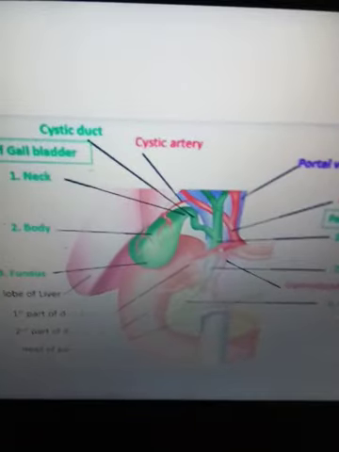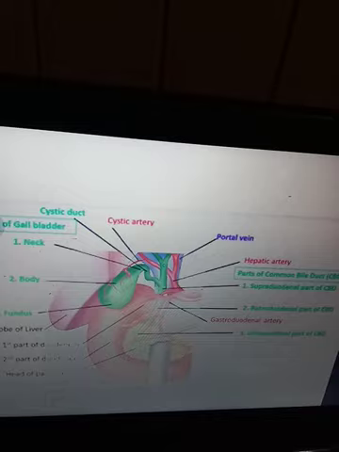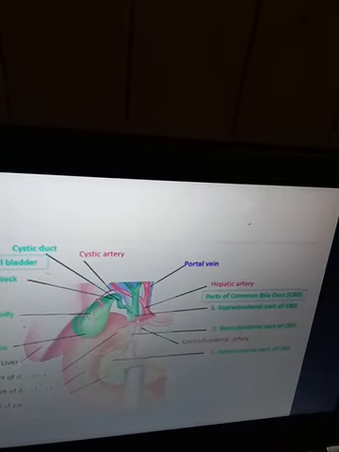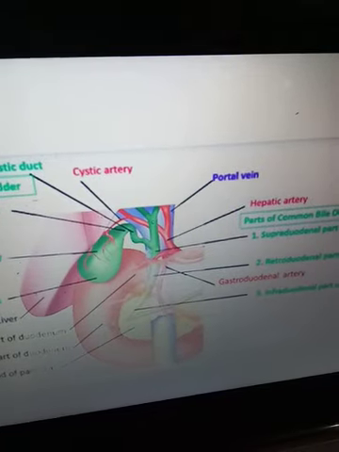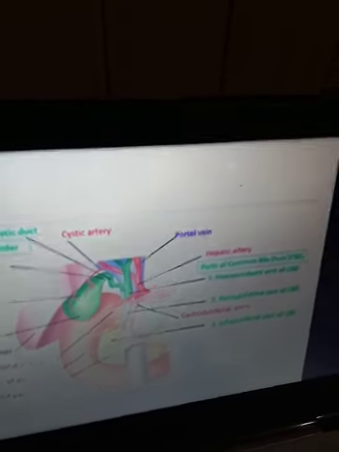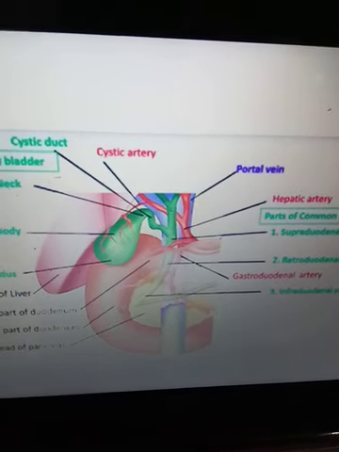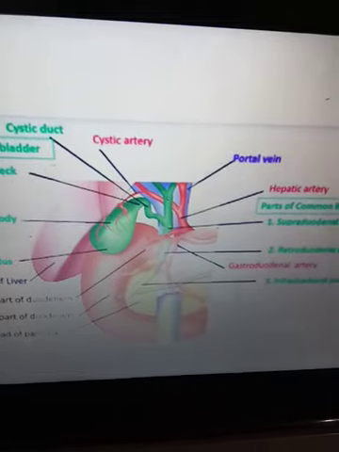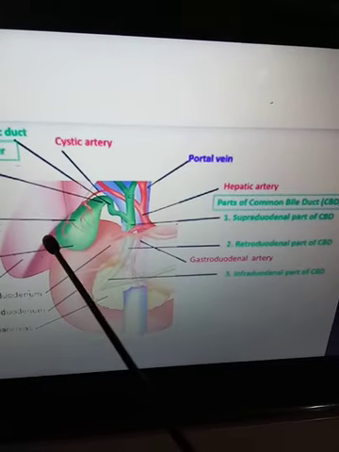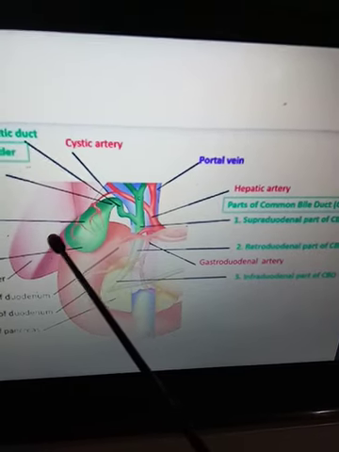Again, for the relations, you just go through the relations here. They are quite clear. First part, that is the fundus, has the peritoneal relation. Anteriorly and posteriorly it will be having the peritoneum.